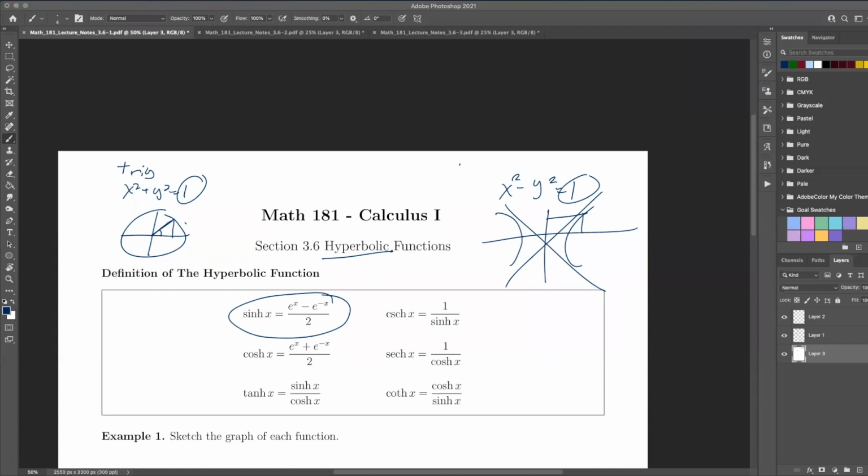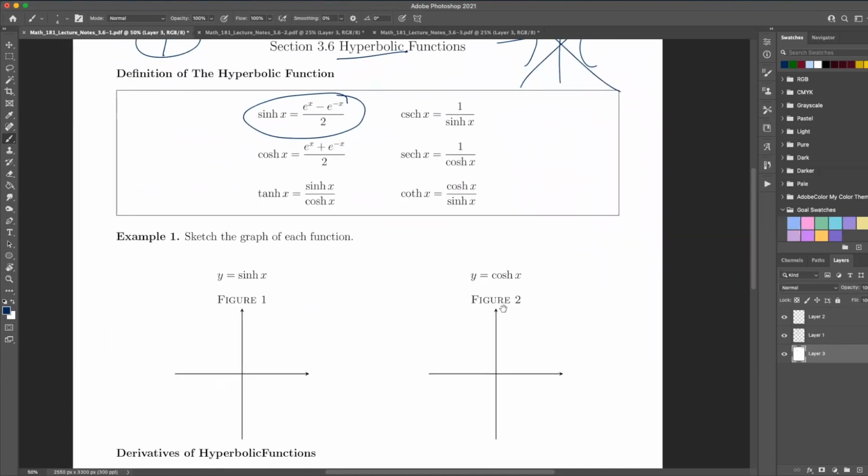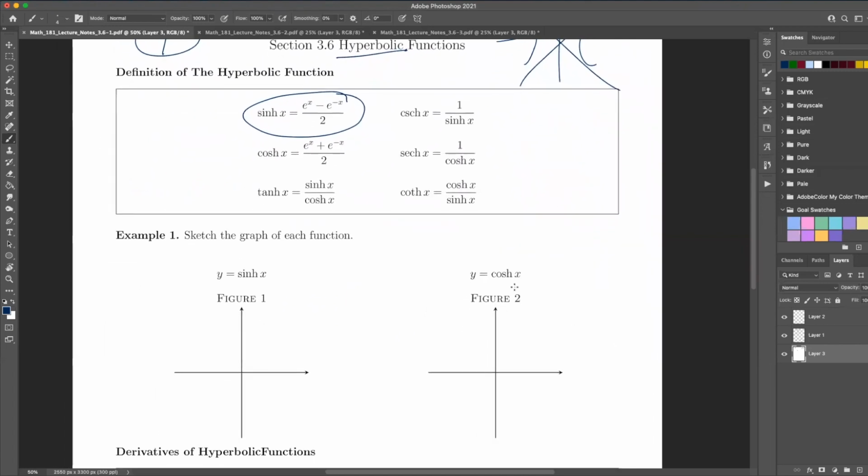We'll just sketch the graphs of the hyperbolics real quick. You saw them before, but let's sketch them.